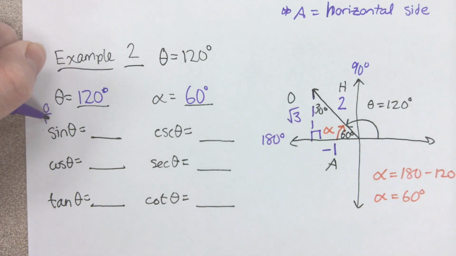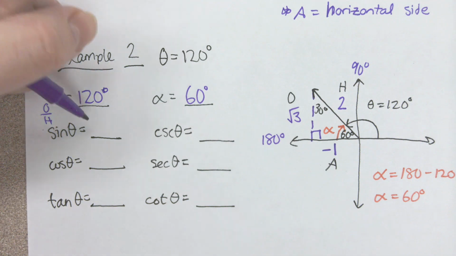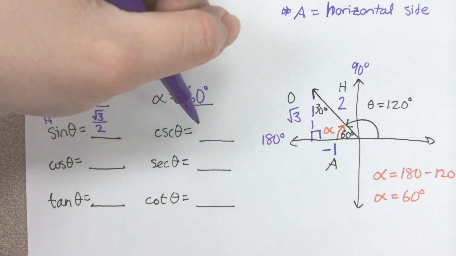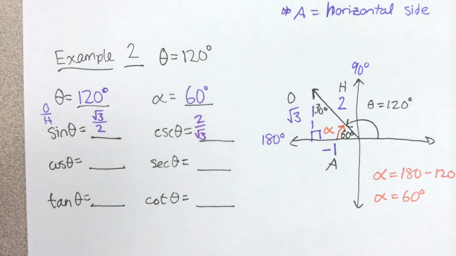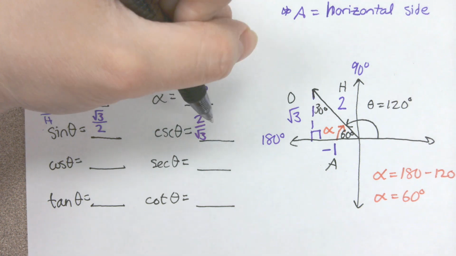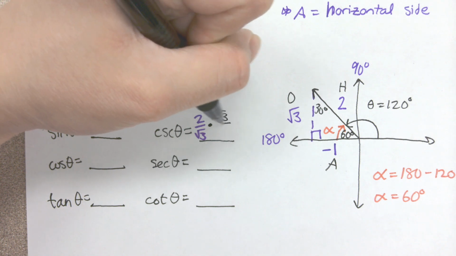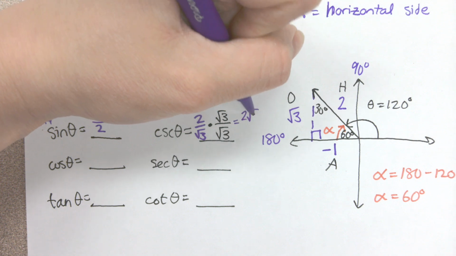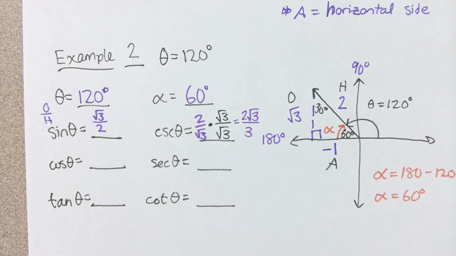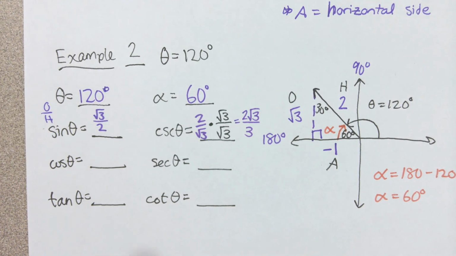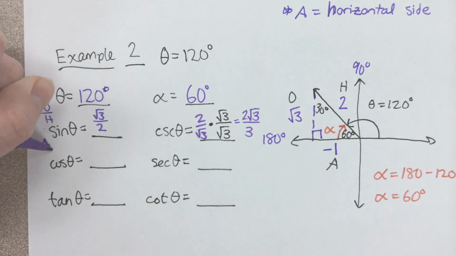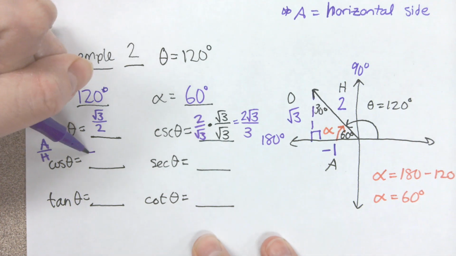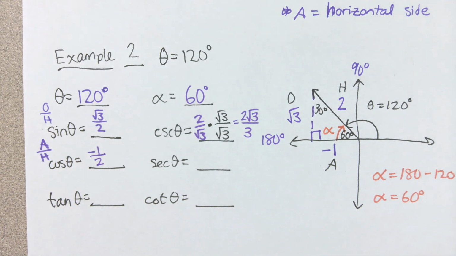Sine is O over H: rad 3 over 2. Cosecant, flip it: 2 over rad 3. And we need to fix that. This is going to be times rad 3 over rad 3, and that will give us 2 rad 3 over just 3. Cosine is A over H. That's negative 1 over 2, so just negative a half.